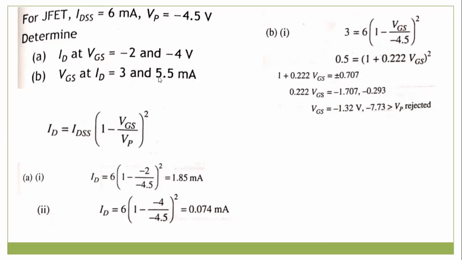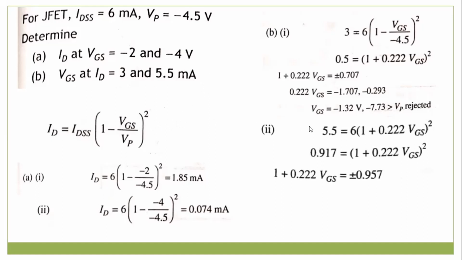So there is another scenario specified in this problem. I need to calculate the VGS only if the ID value is 5.5 milliamps. I'll go ahead with the same equation only to calculate VGS. Here the ID value is 5.5 milliamps and the IDSS value is 6, and this is the mathematical expression I'll get once I substitute these values.